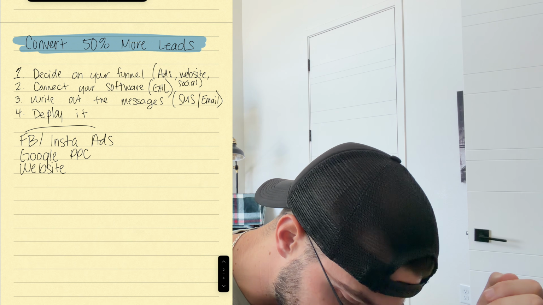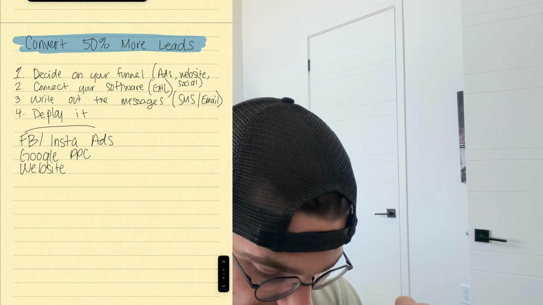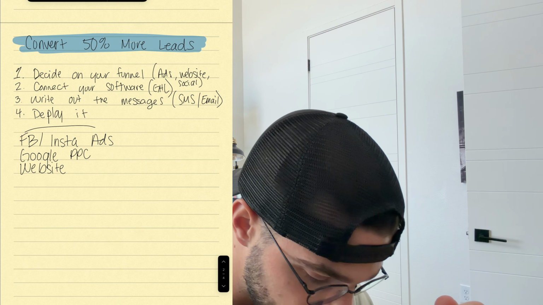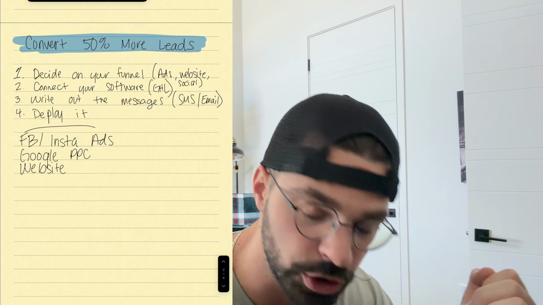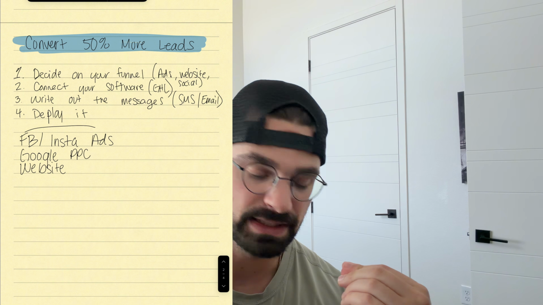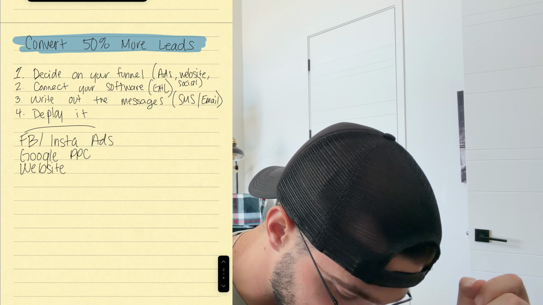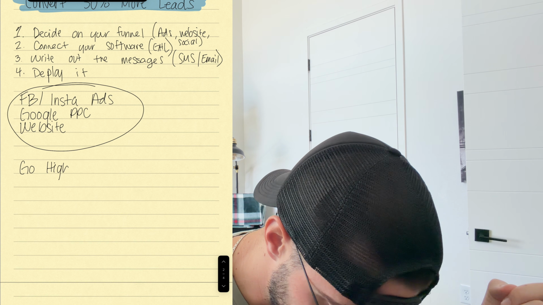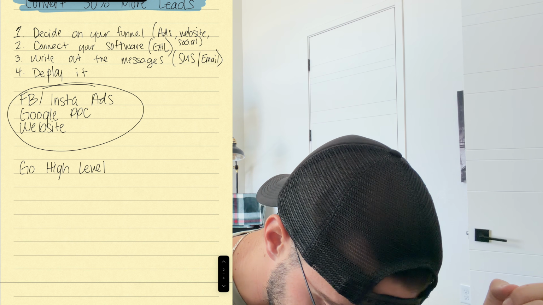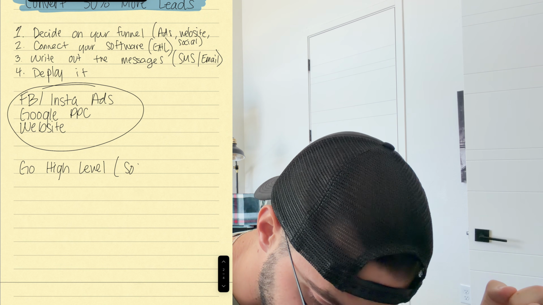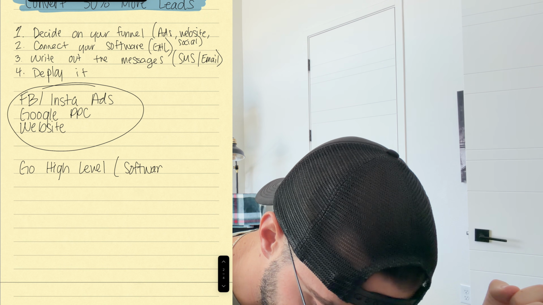Now, after you decide on what you're using as your funnel to start getting people into it, you then have to connect your software to gather that data. There are different pieces of software like GoHighLevel, which is a CRM that you guys can use, which has a lot of different software embedded into it.